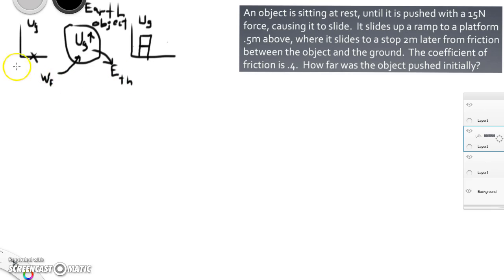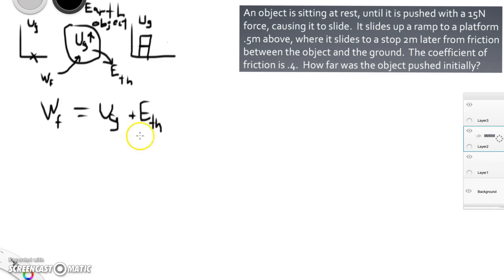So we've got this all diagrammed here. Now we're going to write our equation. At the beginning we have work from the force that was applied. At the end we have gravitational potential energy, and then we have energy that went into friction, heating up the ground or the object. Thermal energy. So the energy that was added to the system I put on the left.